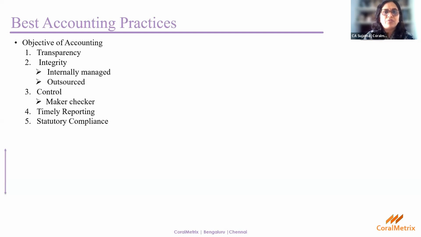Unless the books of accounts are completed and given to the auditors for auditing, it is not possible for the management to conduct the AGM within the stipulated time. So the first step is the closure of books of accounts in a timely manner.